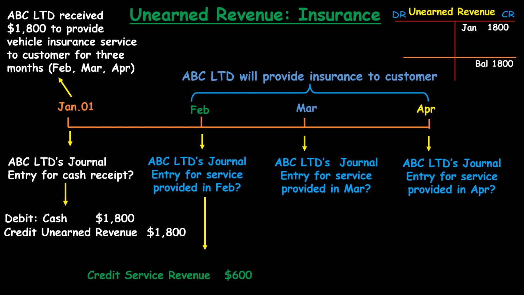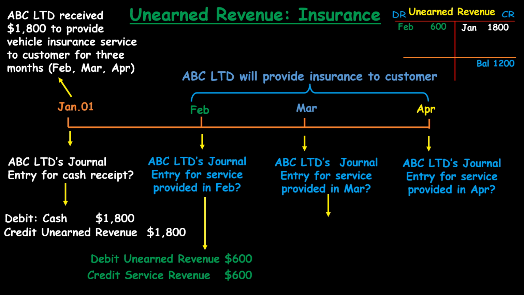Now, ABC Limited has 1 month less obligation to this customer to provide the insurance service. This obligation is the unearned revenue, and it decreased, so we are going to debit unearned revenue. You can look at the T account in the top corner to see a debit on the unearned revenue account, bringing the balance to $1,200. So now ABC Limited has only $1,200 of obligation to provide service to the customer.